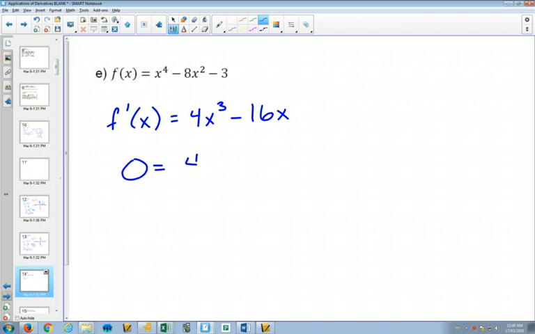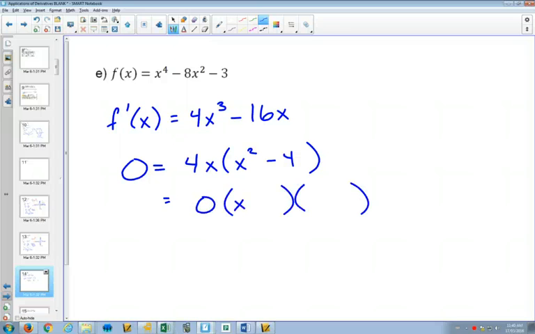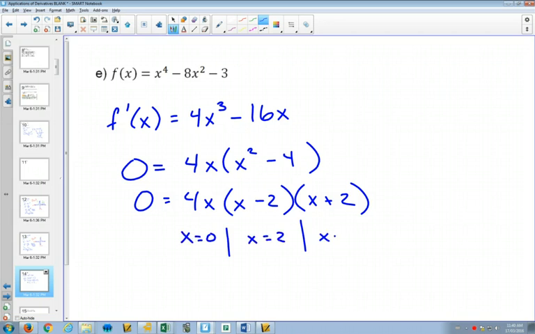Can you see that you can factor out a 4x? So factoring it completely, we find out that there are 3 places, at x equals 0, at x equals 2, and at x equals minus 2, where you're going to have either maximums or minimums.